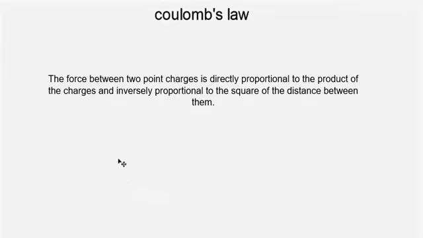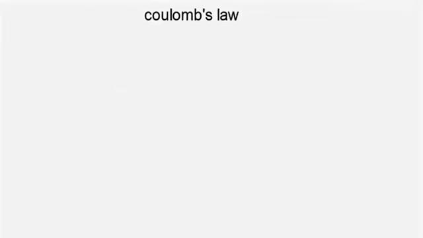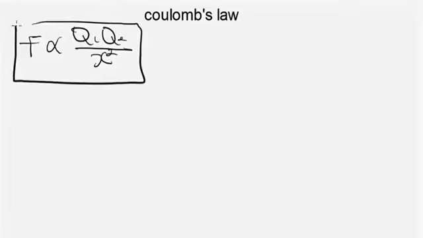Hence, we have that F, which is the force, varies as Q1, which is the charge, times Q2, which is the other charge, over x squared, which is the square of the distance between them. So this represents Coulomb's law.